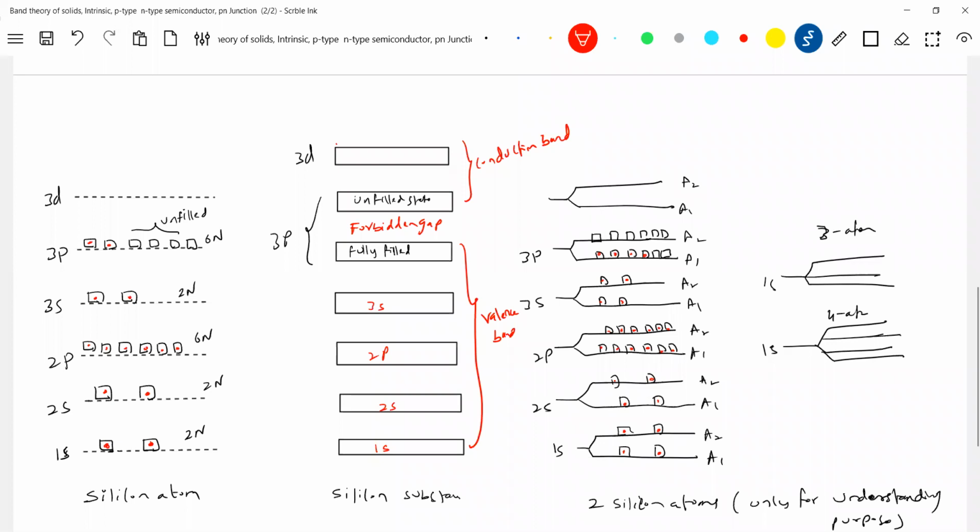And what happens with two atoms should not be correlated to this. When I'm posting it, I'll erase this. When I'm sending it as a PDF, I'll erase this, because people will question me about which intellectual person has drawn this. It is only for understanding purposes.